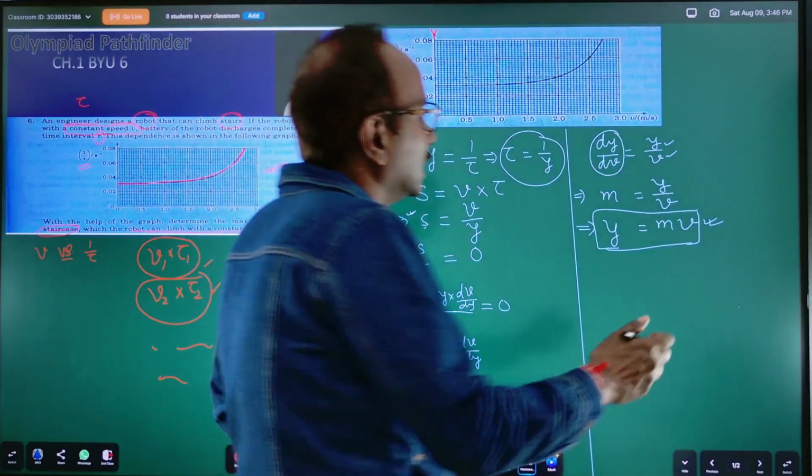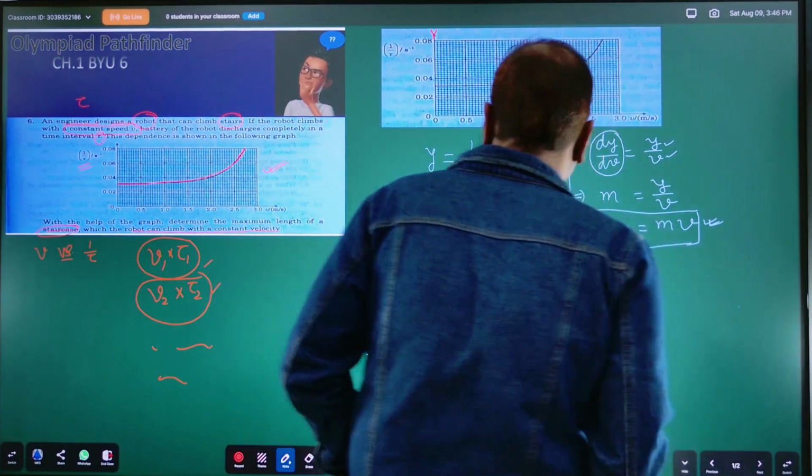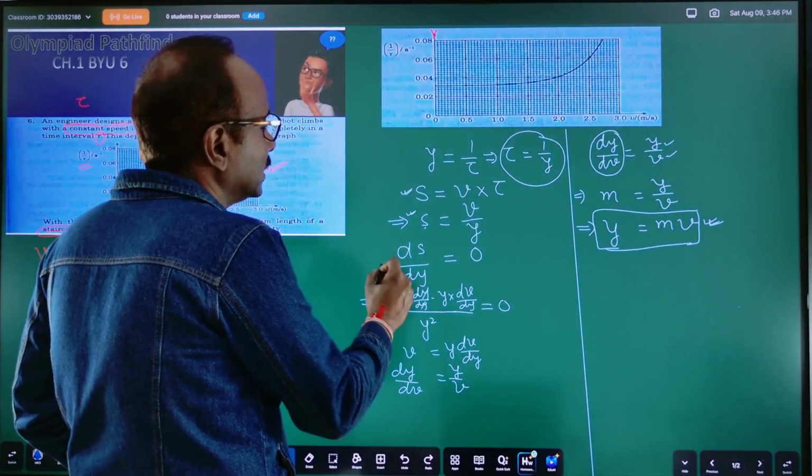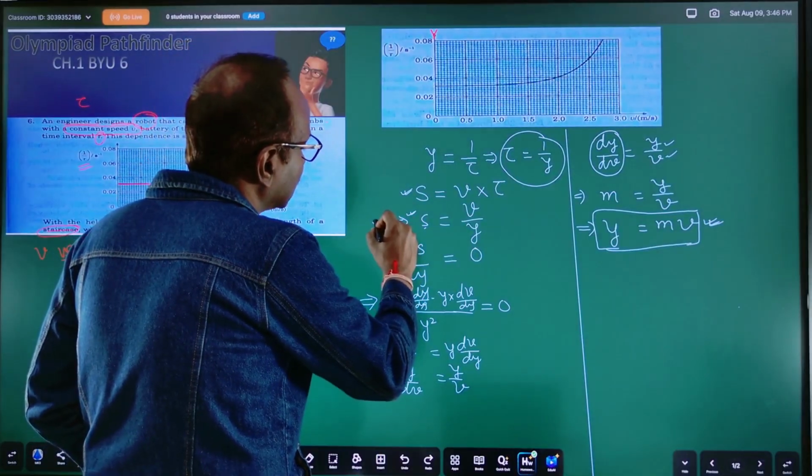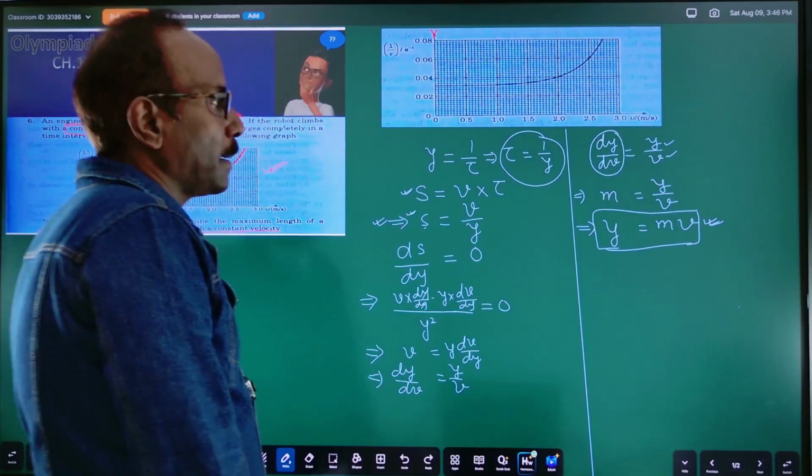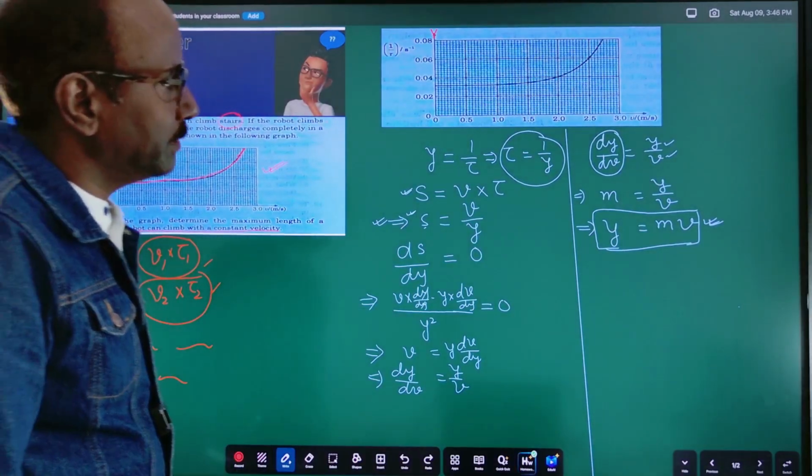But we got this condition for s to be maximum.